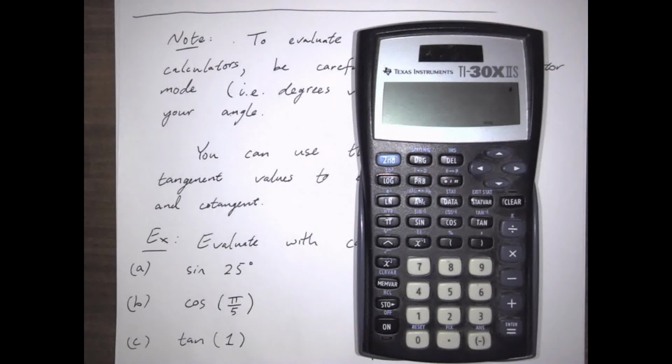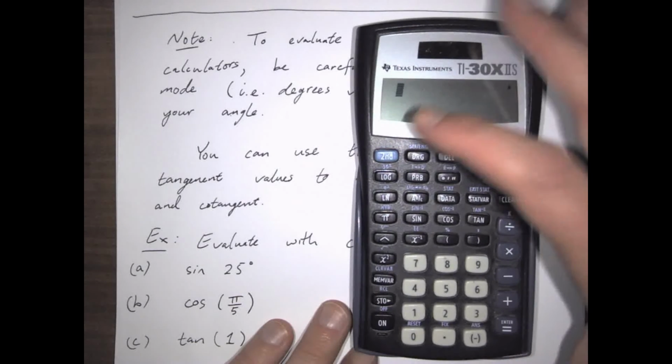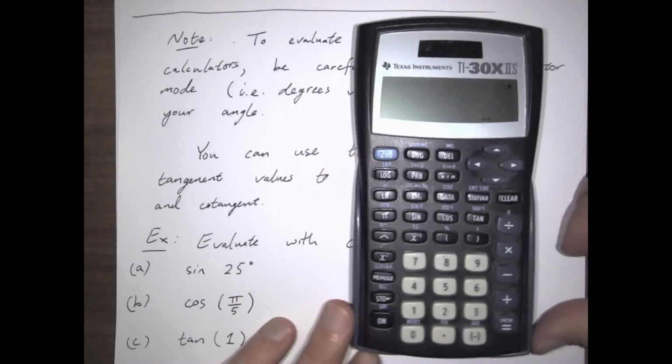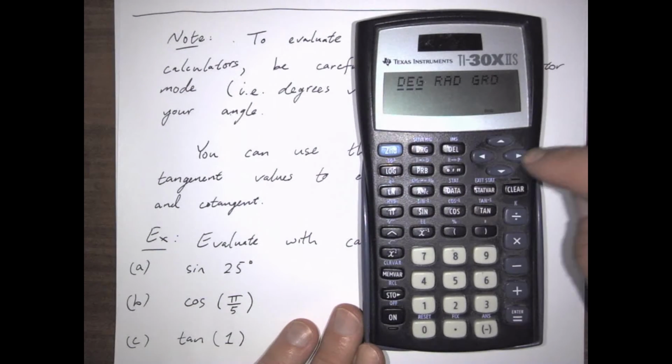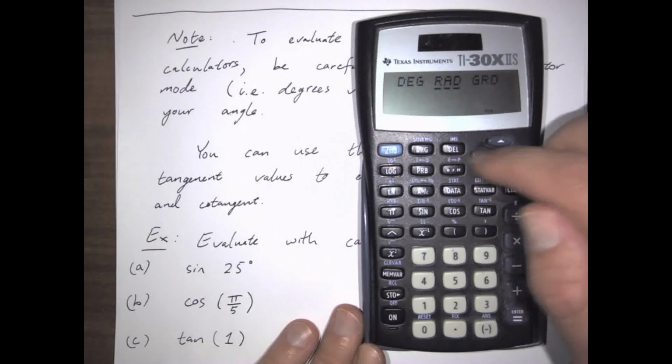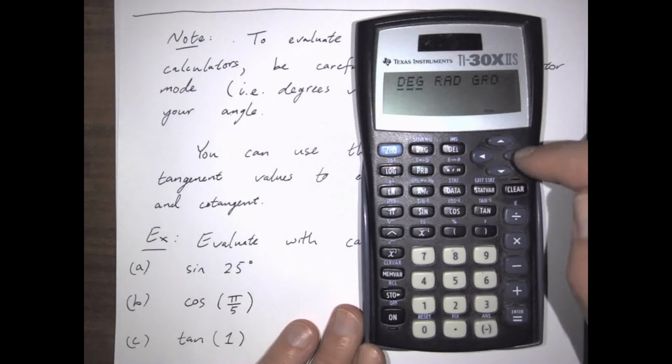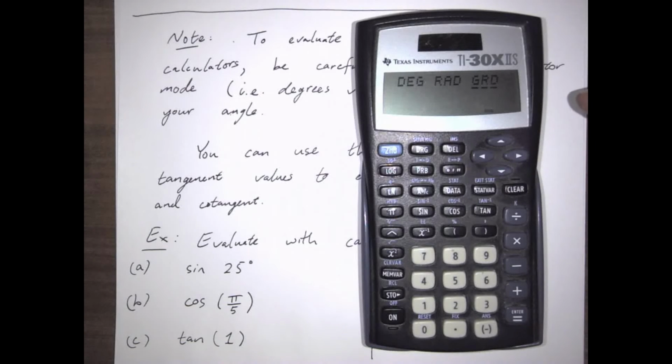So this calculator actually has right here the button DRG. If you see that button on your calculator, then that will be the button that lets you change between degrees and radians. And if you want to know, GRD, that's gradients. It's a different thing. It's related to degrees. All right.